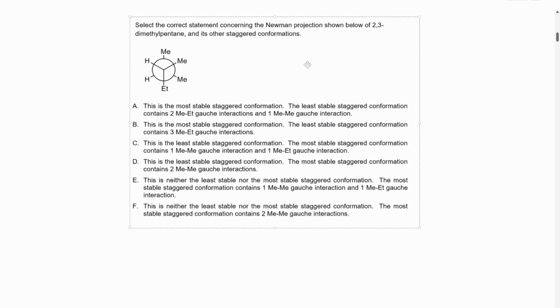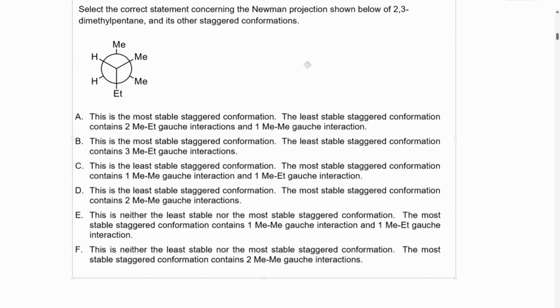Select the correct statement concerning the Newman projection shown below of 2,3-dimethylpentane and its other staggered conformations. And look, there's so much, but it looks like it's asking whether this is the most or least stable. So let's see. We have a methyl-methyl interaction, another methyl-methyl interaction, and a methyl-ethyl interaction. So we have 2 methyl-methyl and 1 methyl-ethyl.